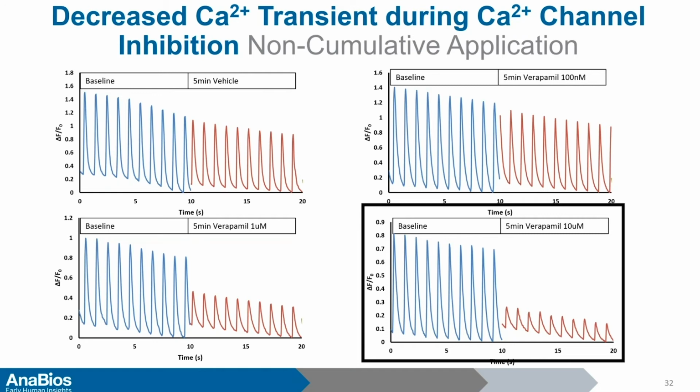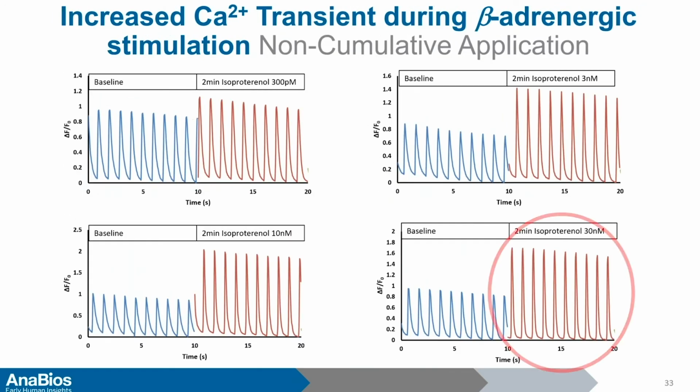Next, we tested ISO, also to confirm that with a positive inotropic compound, we can pick up an increase in the calcium signal in the adult human primary cardiomyocyte. As you can see here, ISO tested at multiple concentrations exerted a concentration-dependent increase in the calcium signal.